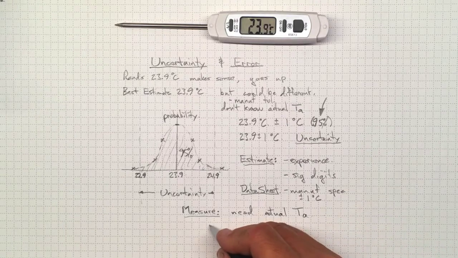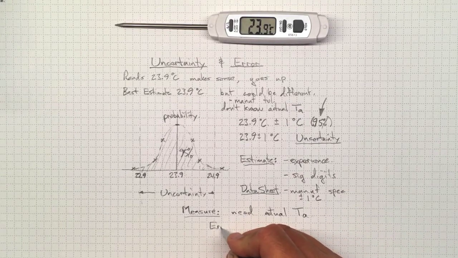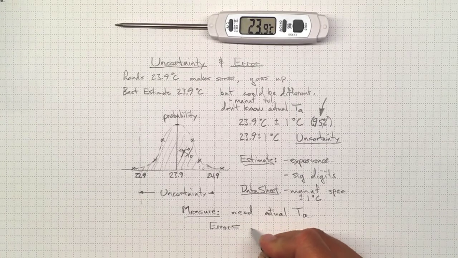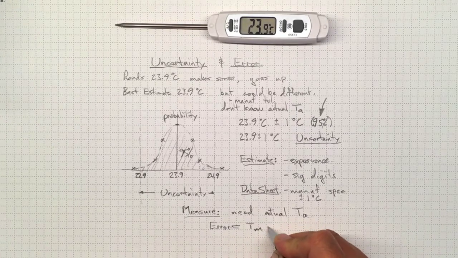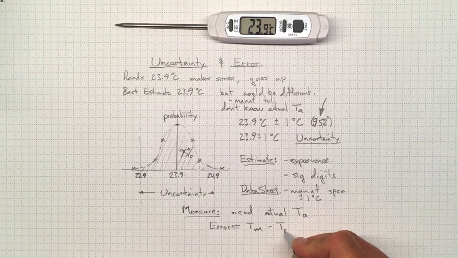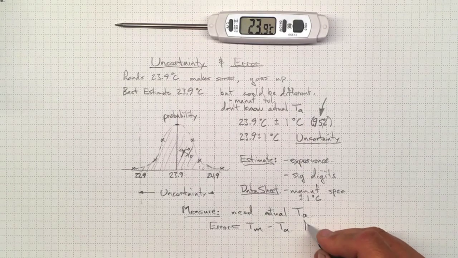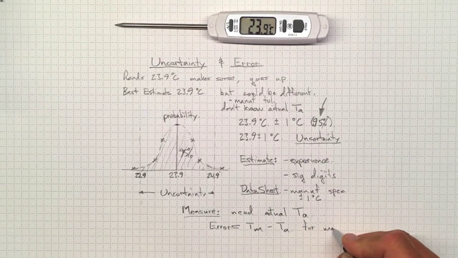And then you can measure the error. And once you measure that error, which is just the measured temperature minus the actual temperature, that will tell you how big the error is in one measurement.